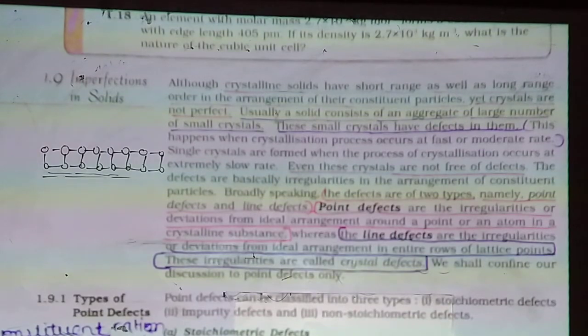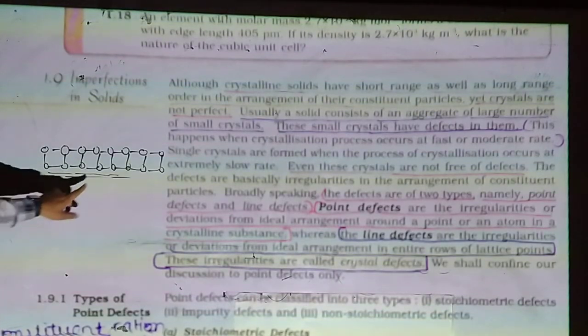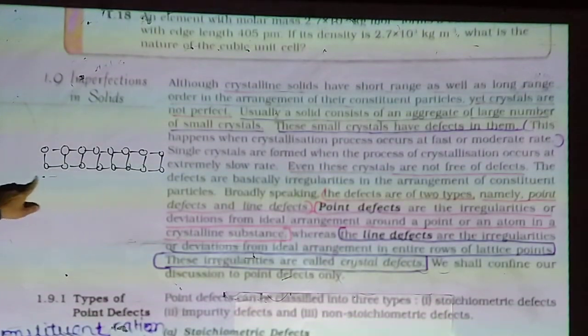Yet crystals are not perfect. Usually a solid consists of an aggregate of a large number of small crystals, and these small crystals have defects in them. When we observe any solid, some defect occurs in the arrangement of the crystal. This happens when the crystallization process occurs at a fast or moderate rate.